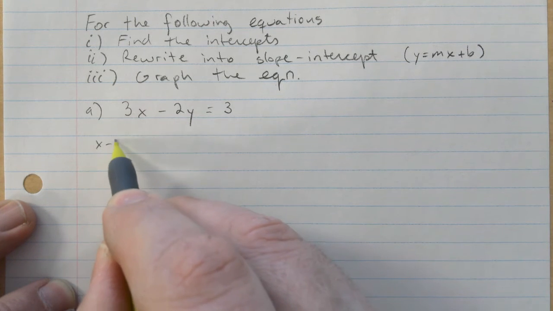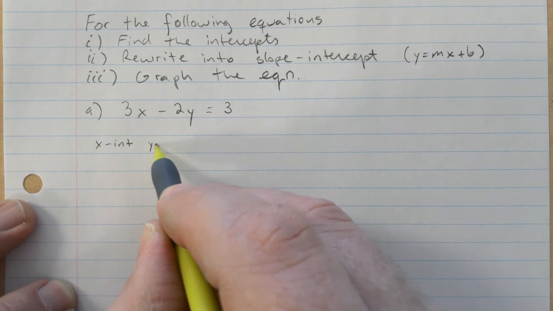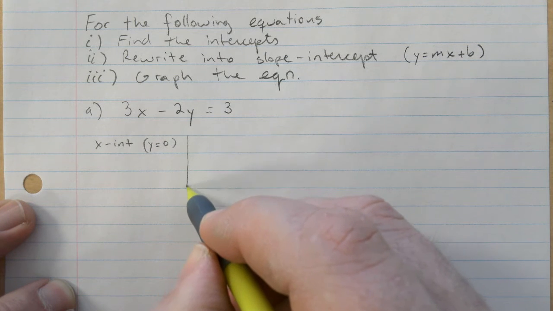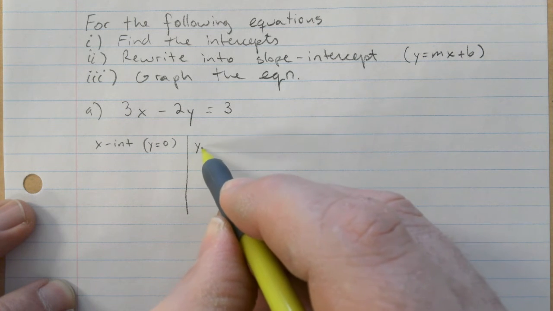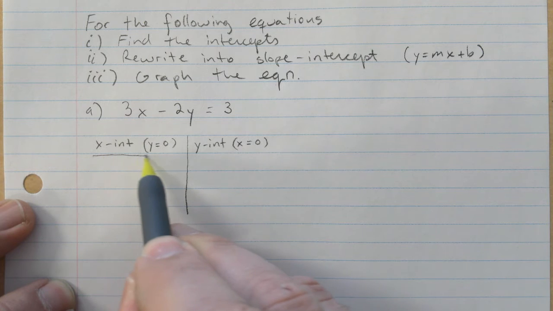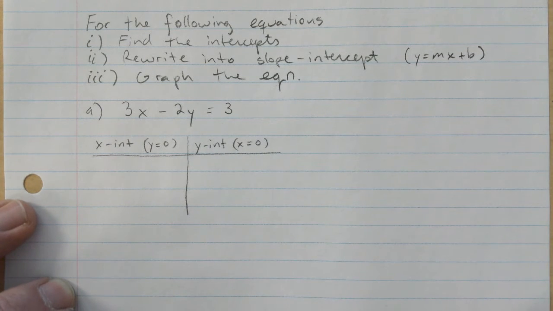I'm going to find the x-intercept here. That's when y is equal to 0. And next to it, I'm going to find the y-intercept. And that's when x is equal to 0, okay? So we have them both side by side, easy to see, easy to get.